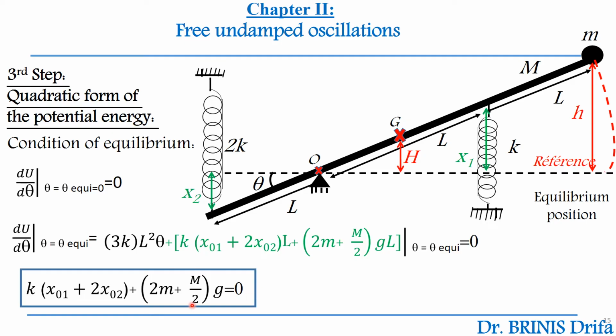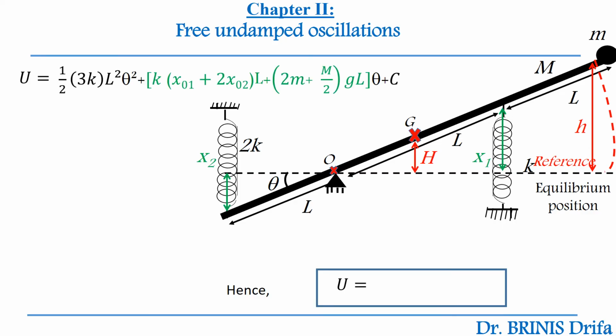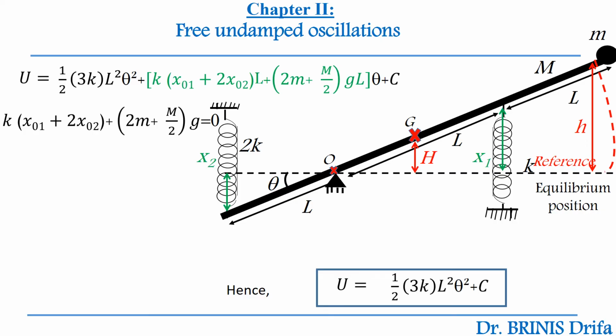You see that we have a relationship between the parameters at the equilibrium. I remind you of the U. So I have the condition of equilibrium. I put it at 0 in the U, and hence I get the quadratic form of our potential energy. Our potential energy must be in terms of theta square.